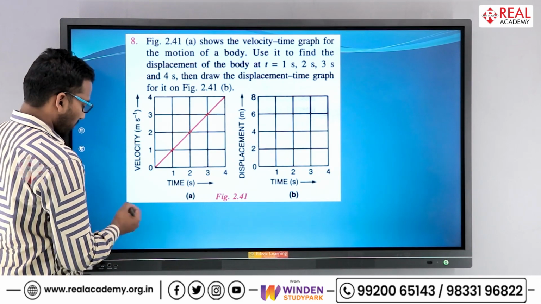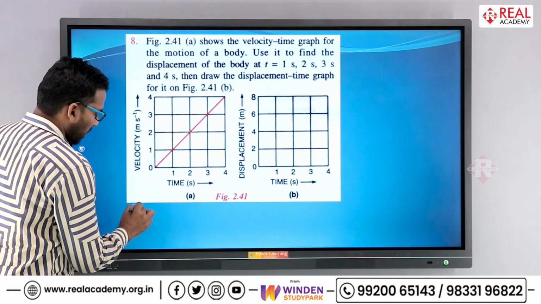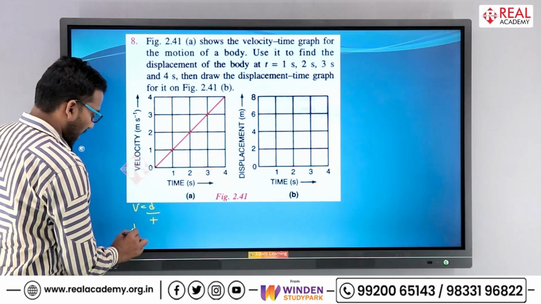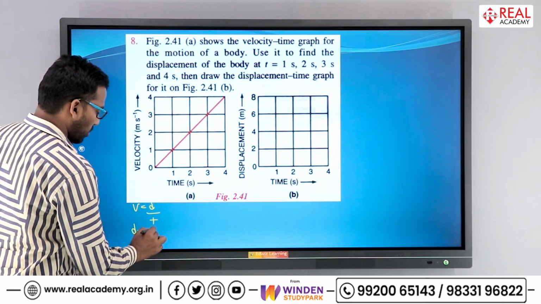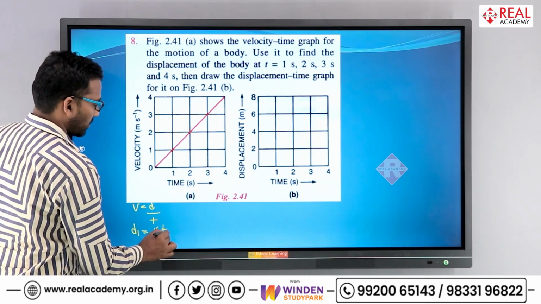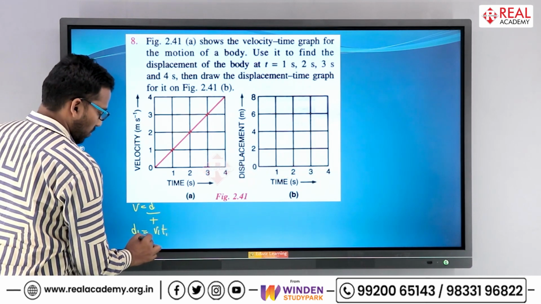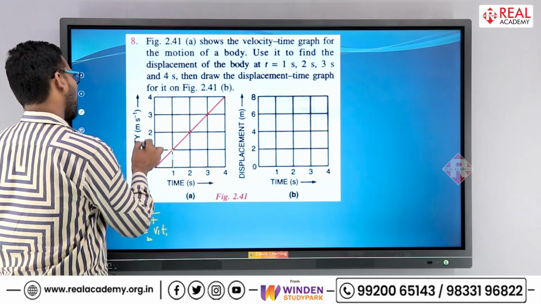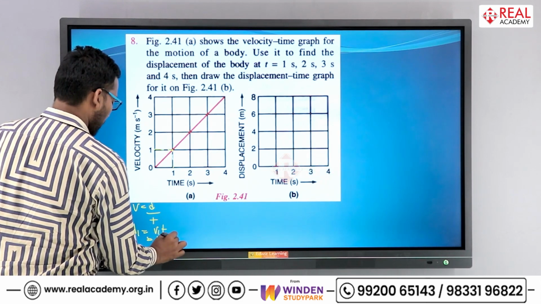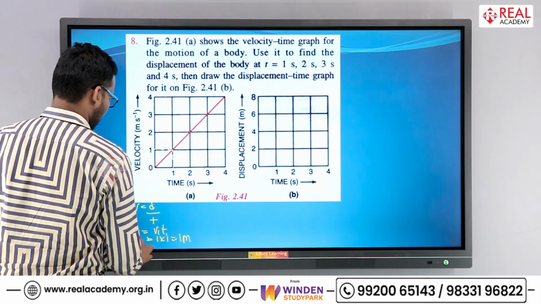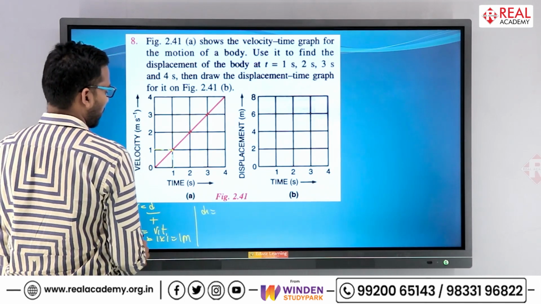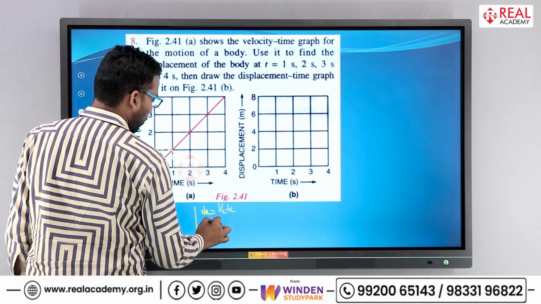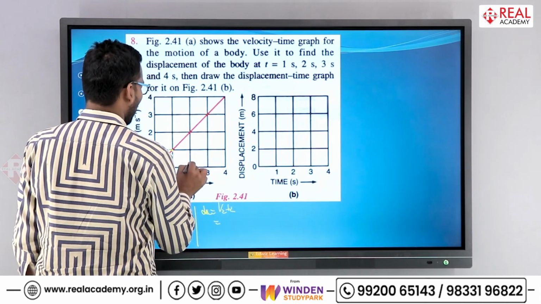So what's the formula for velocity? Velocity is displacement upon time. Then displacement at 1 second will be velocity at 1 second times time, that is 1 second. Velocity at 1 second is 1 meter per second. 1 into 1, that is d1 is 1 meter. What about d2? d2 is v2 into t2.